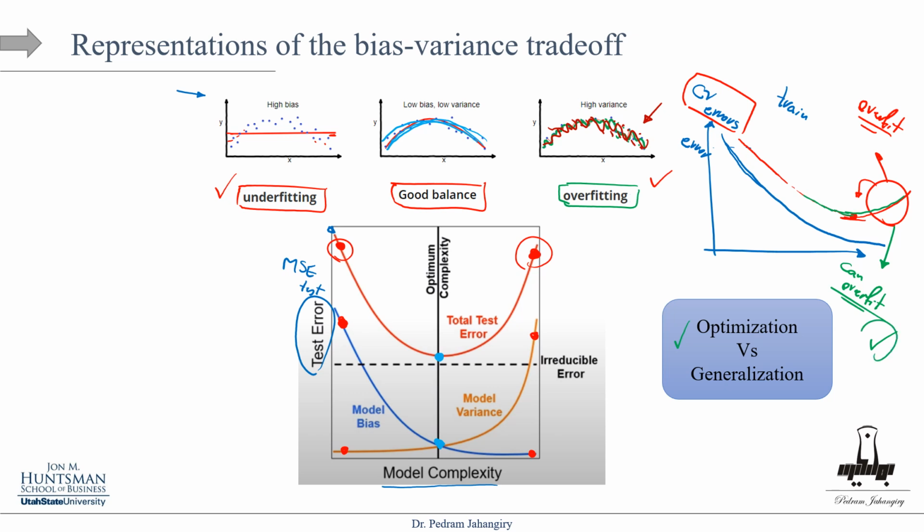You can go ahead and prune it back or regularize it to make it less complex and to get to a point where it's able to generalize well in the cross-validation data or in the test data. I hope this idea is clear, but be aware that a good model is a model that can overfit in the first place, and then in the second place, it's time to optimize it. It's time to make sure that it can generalize well in the test set.